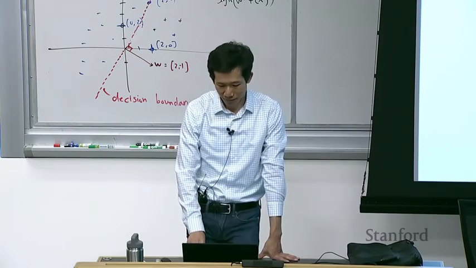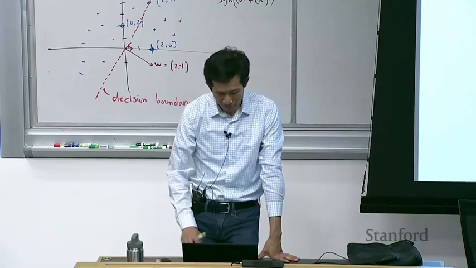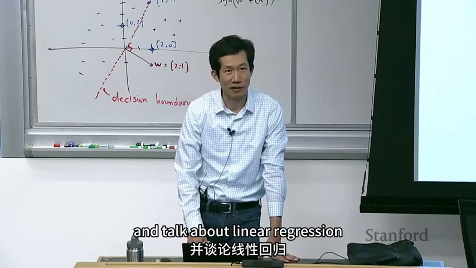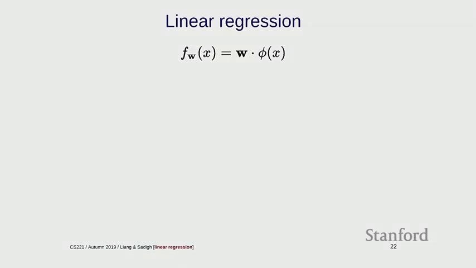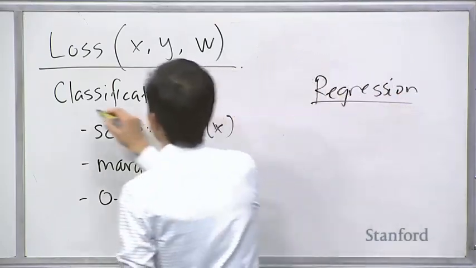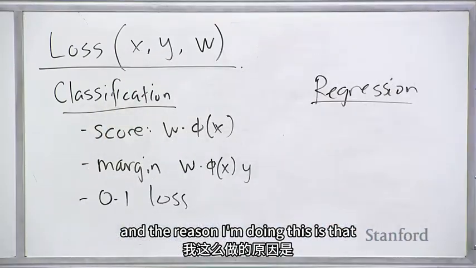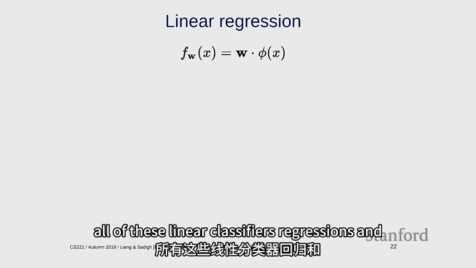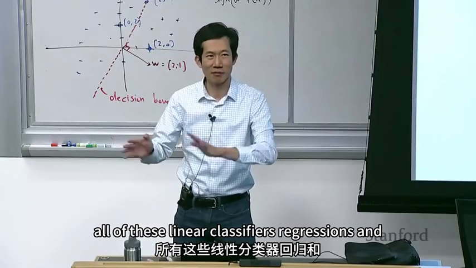So I'm going to go on a little bit of a digression and talk about linear regression. The reason I'm doing this is that loss minimization is such a powerful and general framework, and it transcends all of these linear classifiers, regressions, and so on.